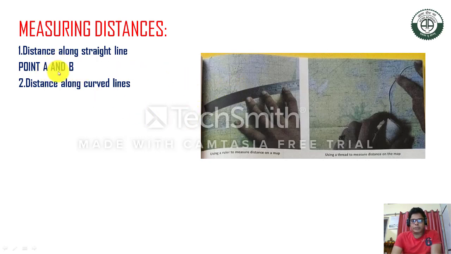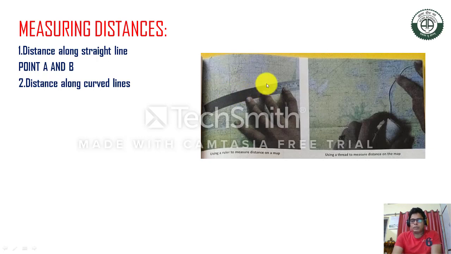Suppose the distance between A and B on the map is 6 centimeters, and the RF is 1 is to 50,000. What will be the real distance, or ground distance, between A and B in that particular area?